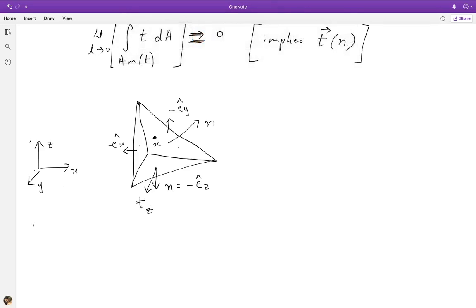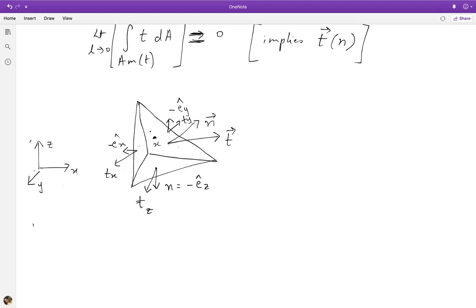So this is Tz. The Tz is the surface stress acting on the plane perpendicular to the z direction, that is the bottom of the tetrahedron. Similarly, on the surface directed in the negative Ex direction, we'll have Tx. The surface stress directed along Ey is Ty. And finally, the stress on the plane of orientation n, where n is the normal, will be T.